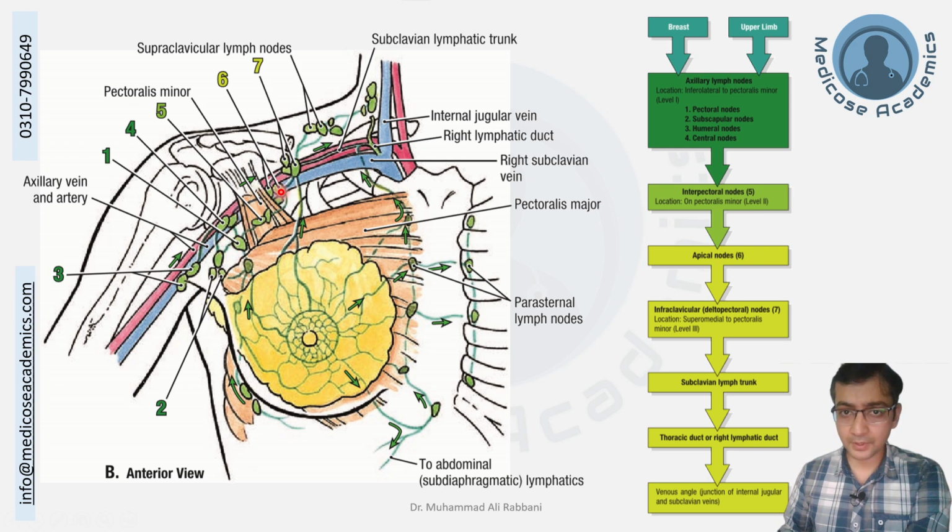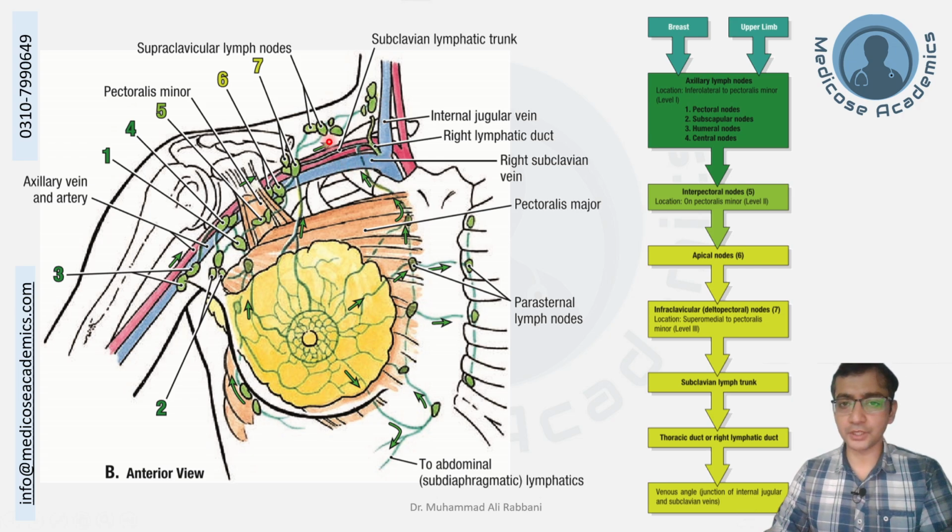From there they go to the apical nodes, and may also get directly from the interpectoral nodes to the apical nodes, and then from there they go to the supraclavicular nodes, and there together they form the subclavian trunk, and through that subclavian trunk the lymphatics of the upper limb ultimately drain to the right lymphatic duct or right thoracic duct. It usually drains into the angle between the internal jugular vein and the subclavian vein.